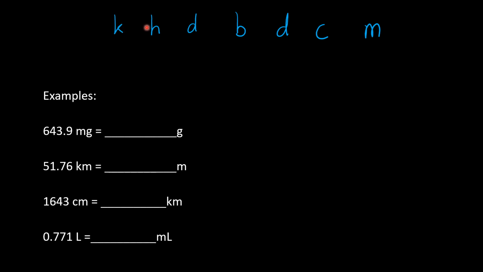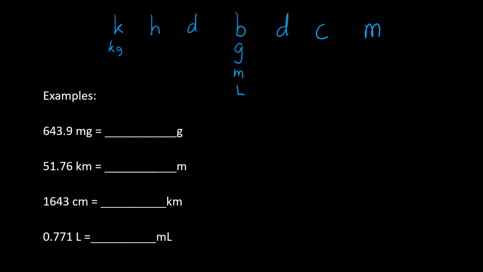This is hecta, deca. This is base, like gram, meter, liter, deci, centi, and milli. So the base is something like grams, meters, or liters. Then the kilogram is basically 1,000 times that size.